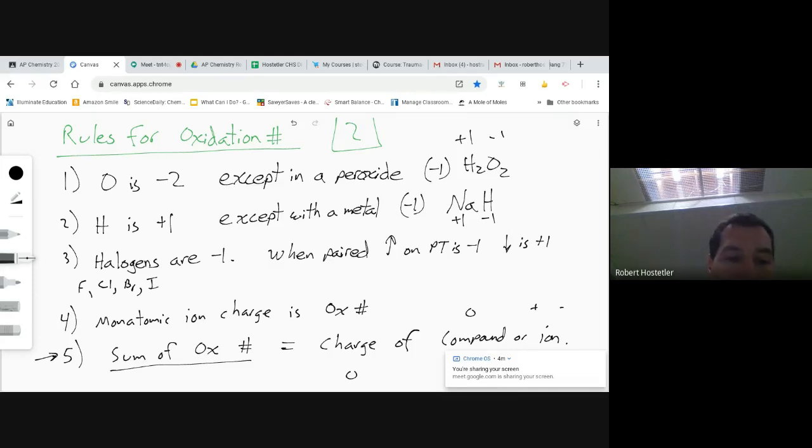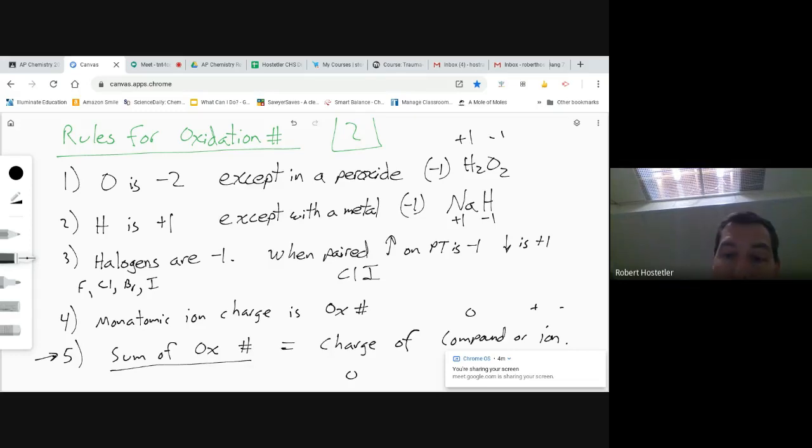Halogens are -1. The only thing goofy about this that they might do is stick a couple of them together. Like if you have, I don't know, ClI, and it makes a compound, only one of those can be -1. The other one has to be positive. The one that's higher up on the list is the one that's going to be negative.